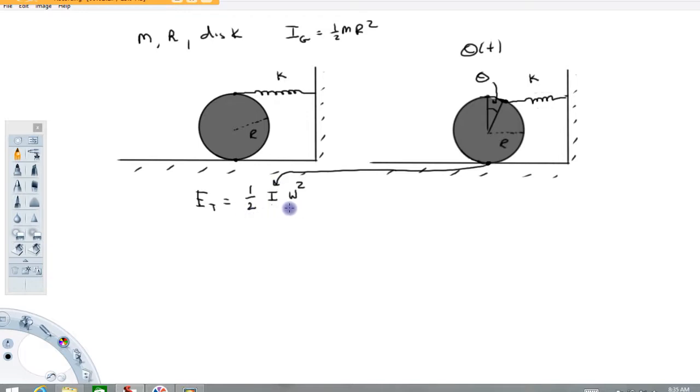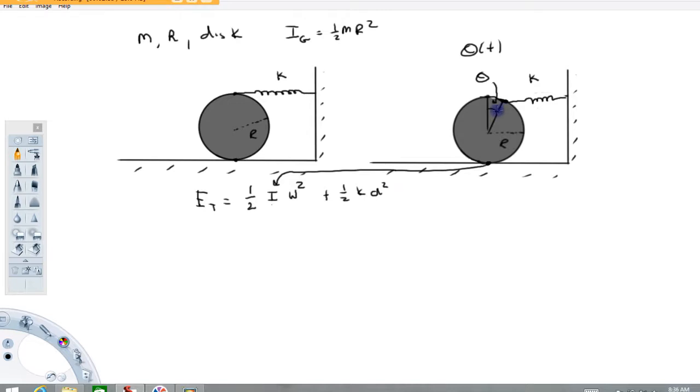Right? Potential energy terms. Well, this thing's rolling back and forth. The gravitational potential energy is not changing. I can go ahead and just put a datum right through here and call it 0. However, we do have a potential energy stored in the spring. Elastic potential energy is 1/2 k, I'll put d squared for a moment, where the d is the distance that the spring is compressed or stretched, depending on the case.